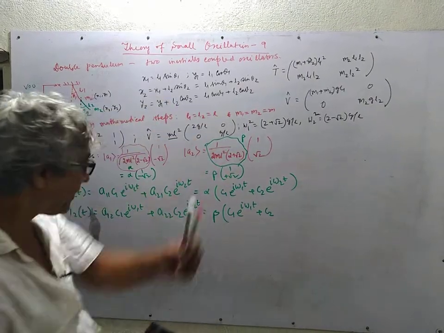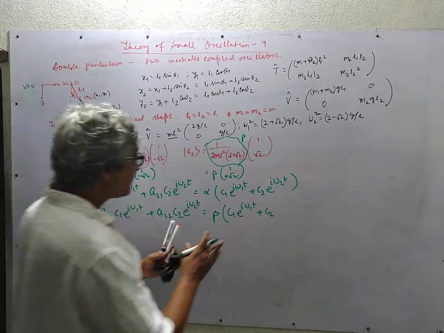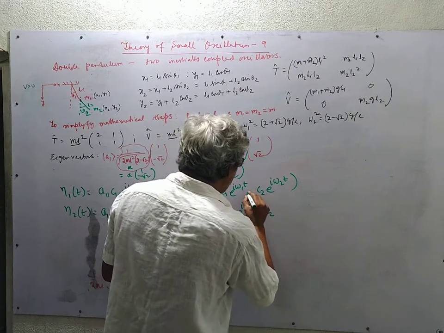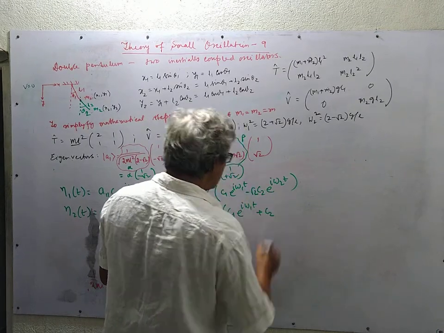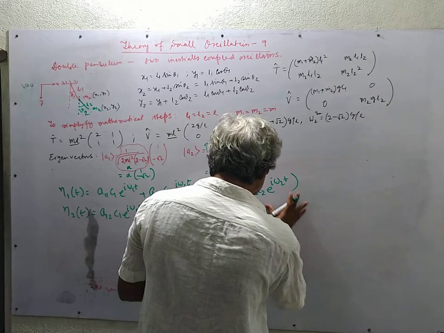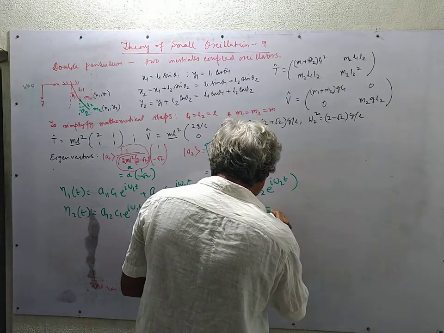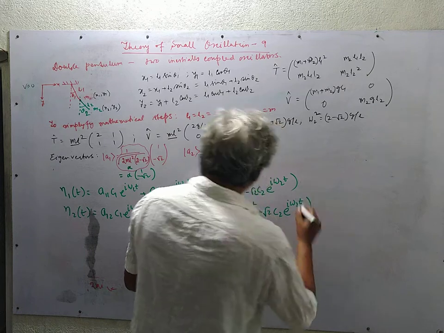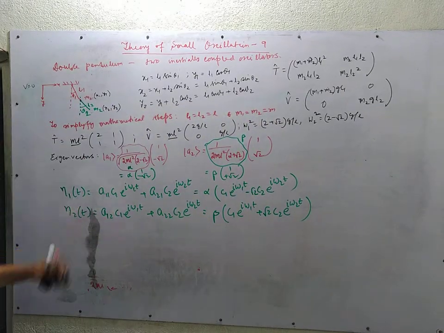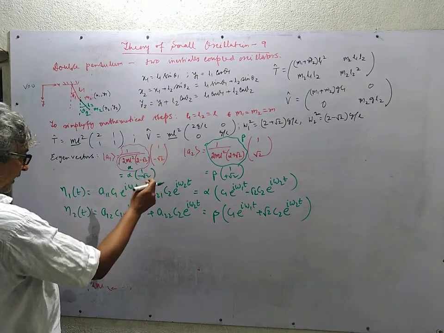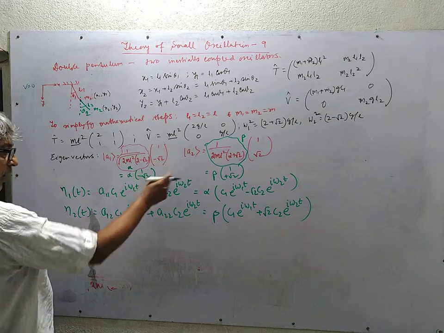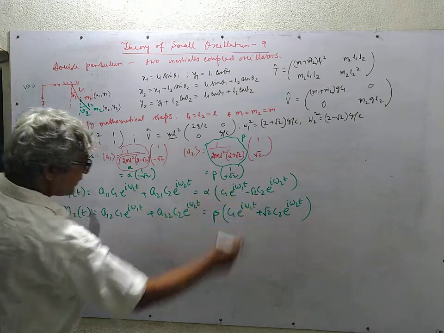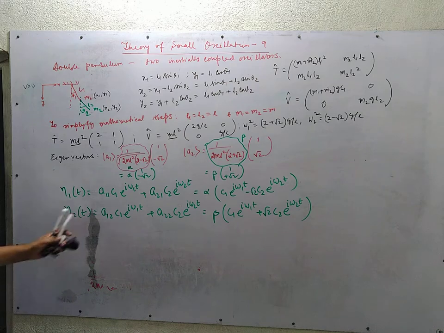Sorry, I have made a mistake. This should be minus root 2, and this should be plus 2, because A11 is alpha and A21 is minus root 2 alpha. So alpha is taken common, so these are the displacements.